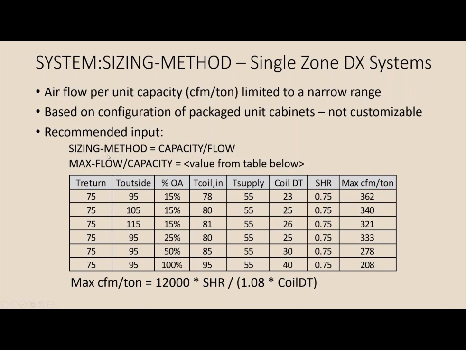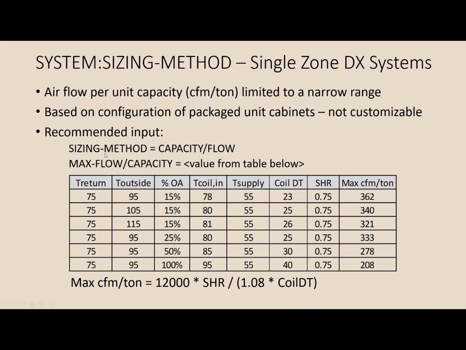So the default for single zone DX systems in DOE 2.3 would be a sizing method of flow per capacity. My recommendation is to override that default and use sizing method equal capacity per flow. I just finished a fairly big project where I was doing a lot of simulations in different climate zones, and I found that particularly in cold climate zones, flow per capacity was giving me problems with unrealistic sizing.